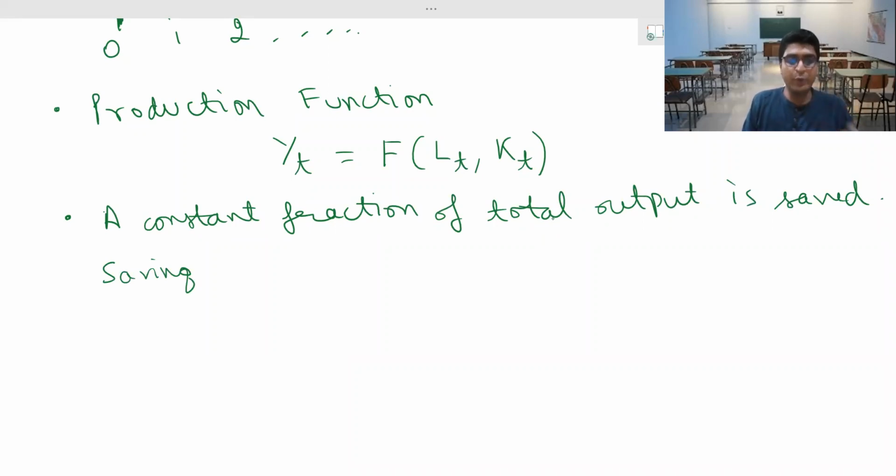And this saving propensity is exogenously fixed. Again, this is given from outside the model. We cannot derive it. So it's something like the national saving rate.